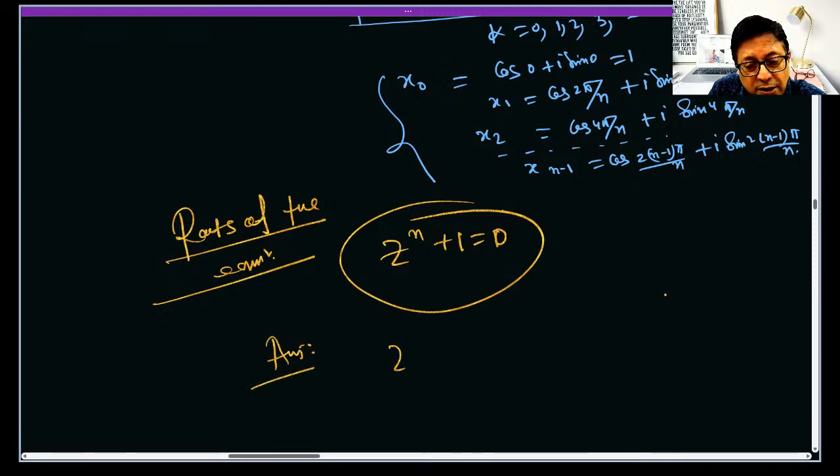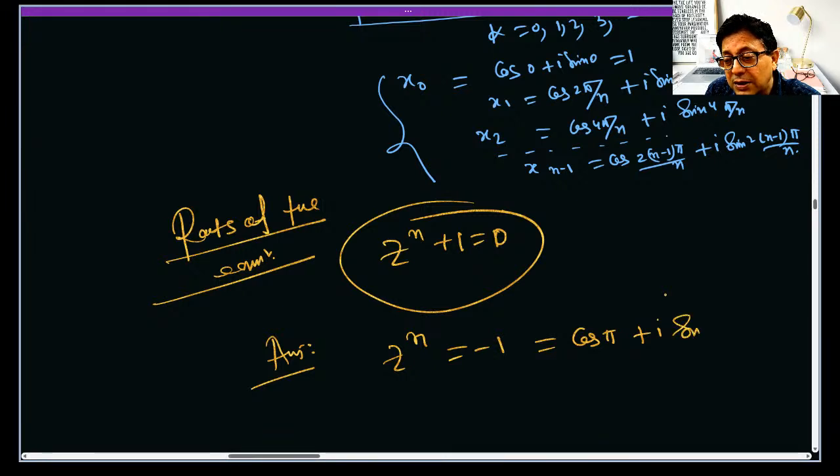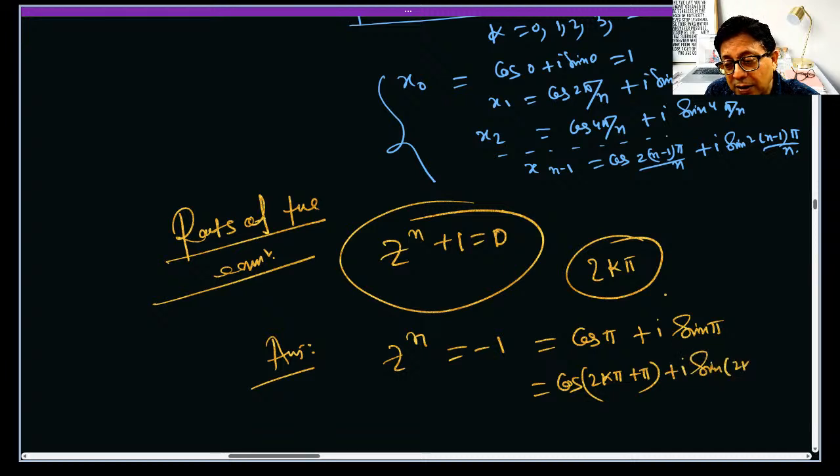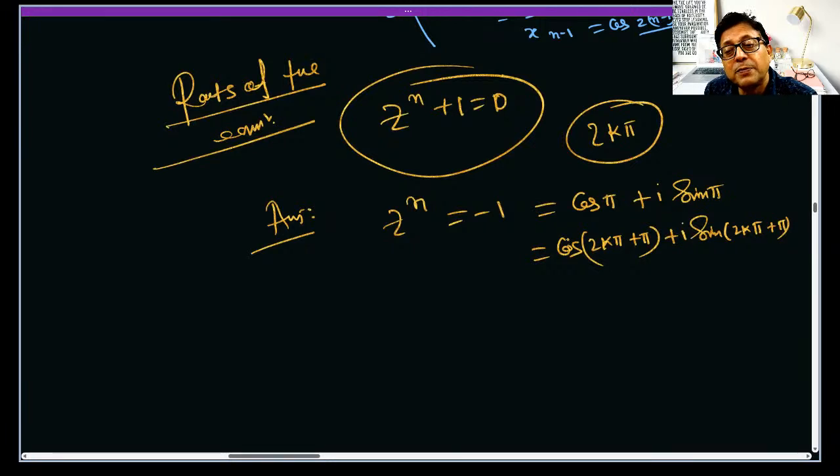You can answer in this manner. z to the power n is minus 1, which is nothing but cos pi plus i sin pi, you know. Period is what? 2k pi. So add over there. So this will be cos (2k pi plus pi) plus i sin (2k pi plus pi). Without hesitation you can add in the angles because period of both is 2k pi.